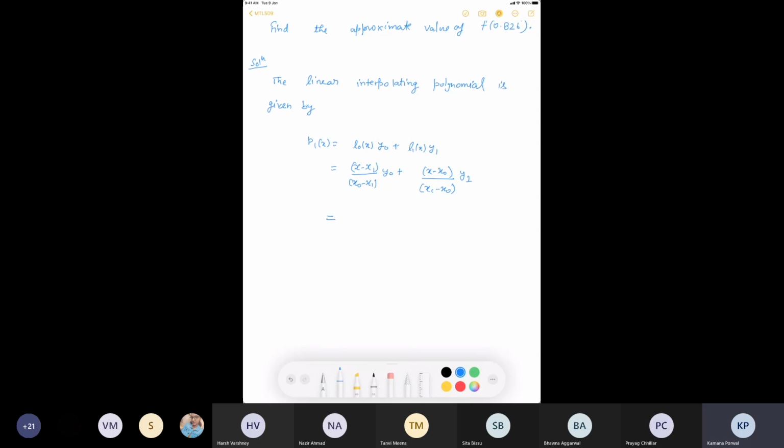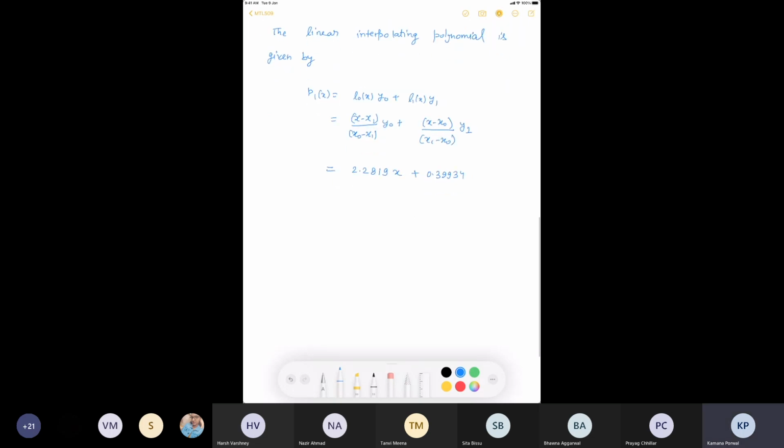So we will get this as 2.2819 times x plus 0.39934. Okay, so now we have found a linear interpolating polynomial, which is basically an approximation of f(x).